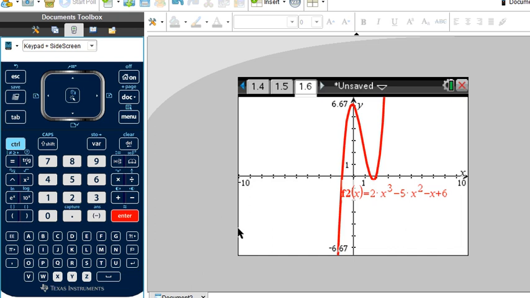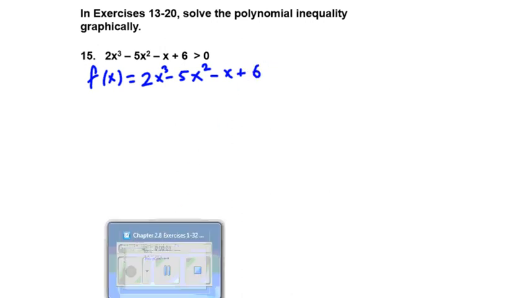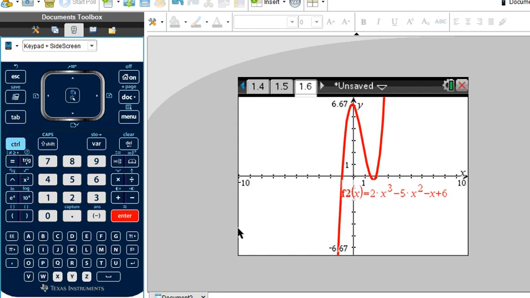Going back to our problem, we have the function f of x equals 2x cubed minus 5x squared minus x plus 6, and we go back and look at the graph here.